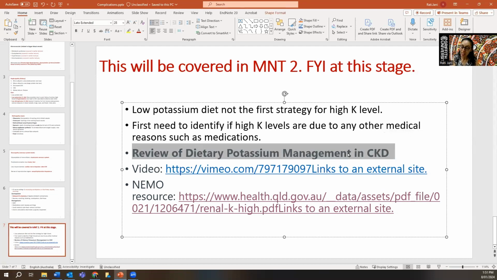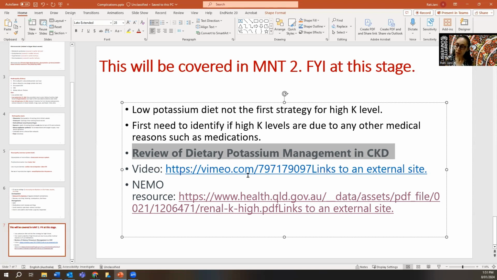This is a topic which you cover in medical nutritional therapy too. So it's not that this content is examinable in your MNT1, but when we speak about diabetes, a lot of diabetes patients, as you appreciate, do end up having kidney disorders. Therefore, these two topics are very linked and integrated.